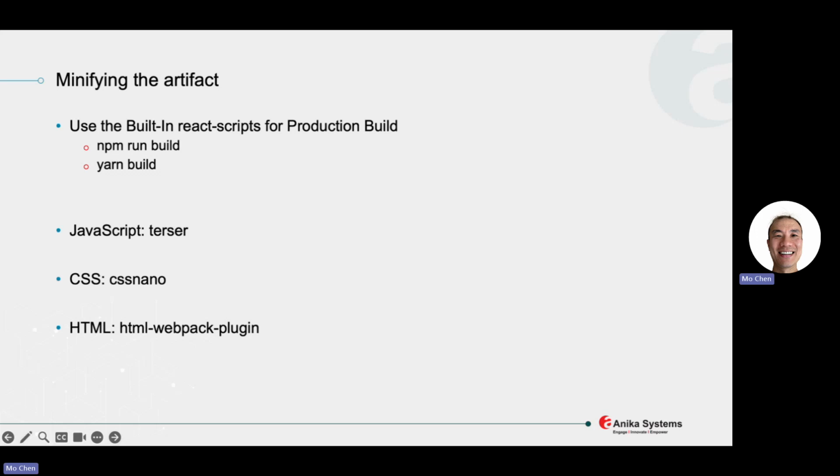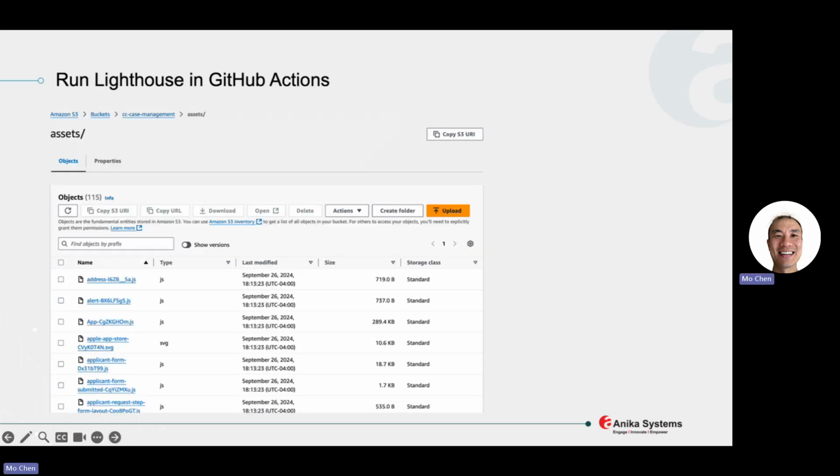You can also minify index.html or other HTML files. Use the HTML Webpack plugin with the minify option. Once minified, the artifact also gets split into small chunks and becomes easier for users' browsers to download in parallel.